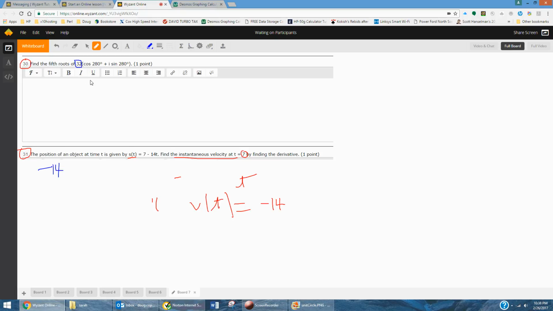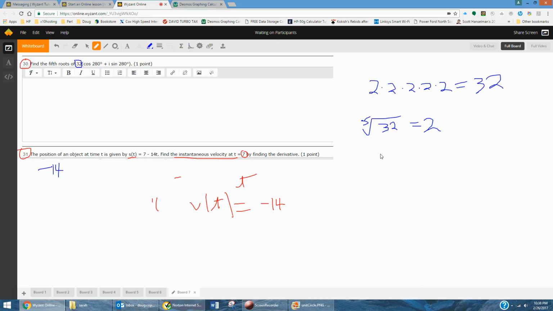Now, they're probably going to give you a number where it's easy to figure out. It turns out that 2 times 2 times 2 times 2 times 2 is 32. So the fifth root of 32 is 2.